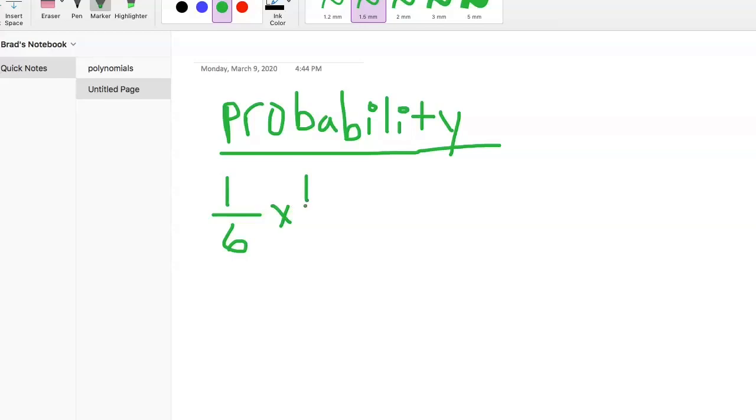If they said 2 in a row, we have to get to 2 in a row before we can get to 3 in a row, then it would be 1/6 times 1/6 equals 1 over 36. So there's a 1 in 36 chance that I would roll 2 6s in a row. It would be exactly the same if it was 2 4s in a row or 2 1s in a row, 2 of anything in a row, 1 out of 36 chance.